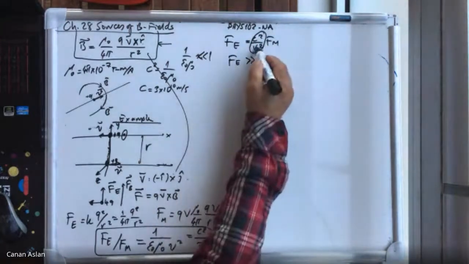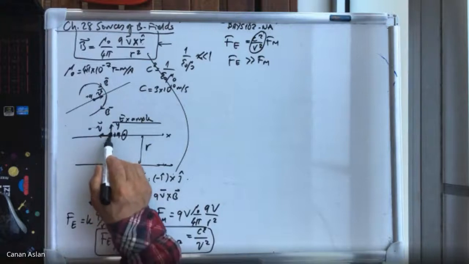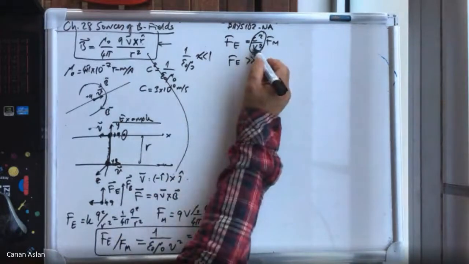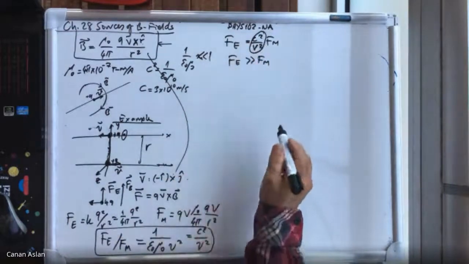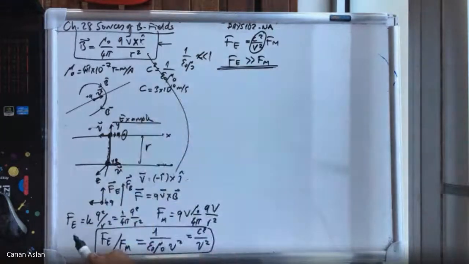Whatever velocities you have, as far as it's not close to the speed of light, which is impossible for any matter to move at the speed of light. So the speeds will always be much smaller than the speed of light, maybe close to it, but not exactly equal to. So that's why in all cases the electric force will be much greater than the magnetic force.